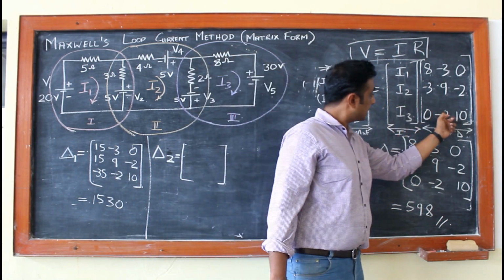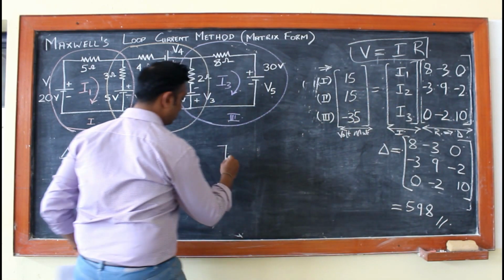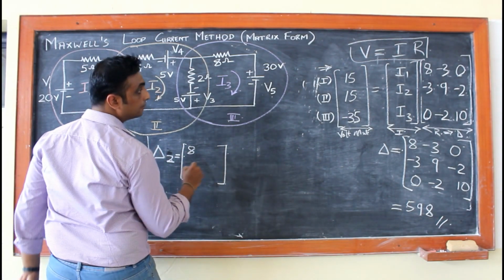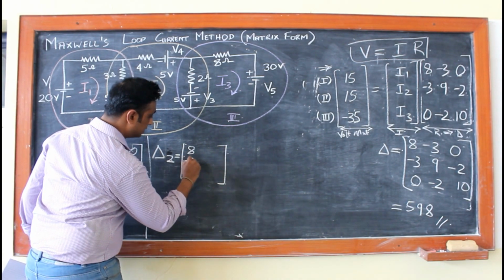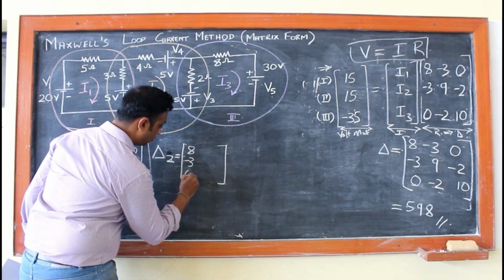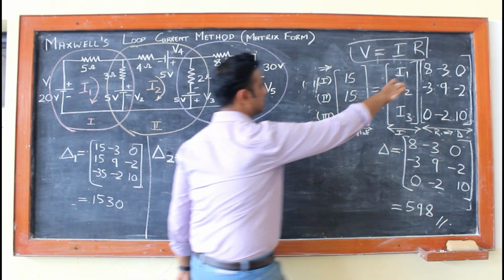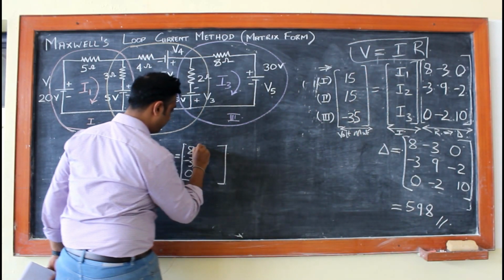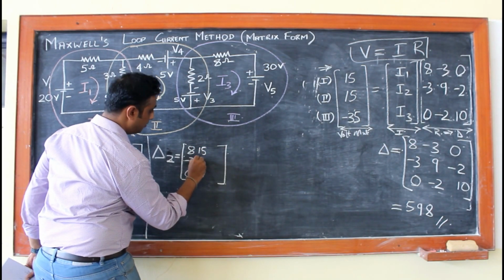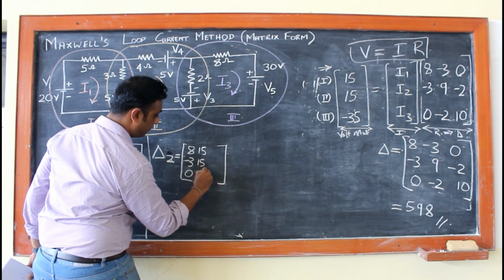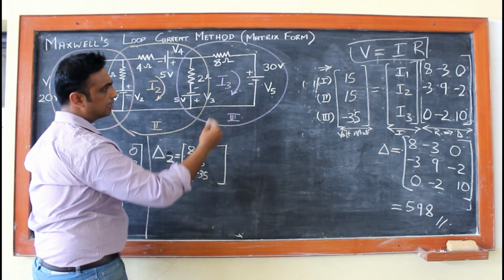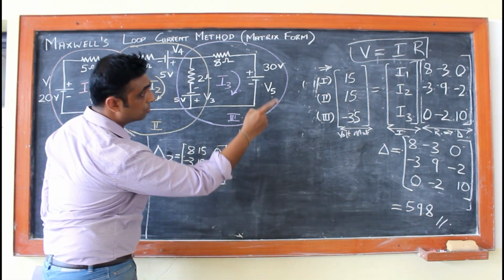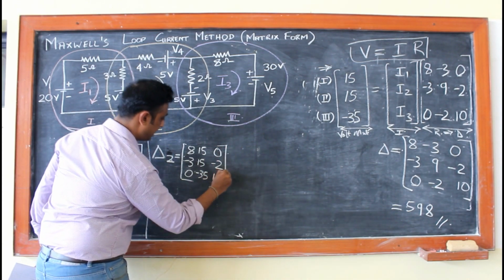The rest will remain the same: 8, minus 3, 0, and only this second column is replaced by 15, 15 and minus 35. The rest remains the same, so I have 0, minus 2 and 10.